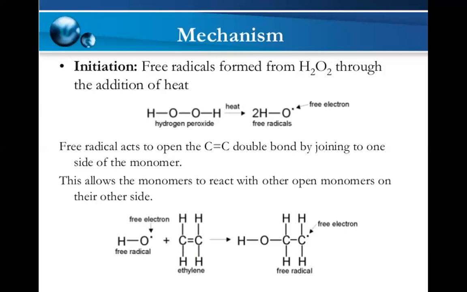Suppose you take ethylene: eth means 2 carbon atoms, and lene means double bonded. So the free radical reacts with the carbon-carbon double bond and forms a free radical.